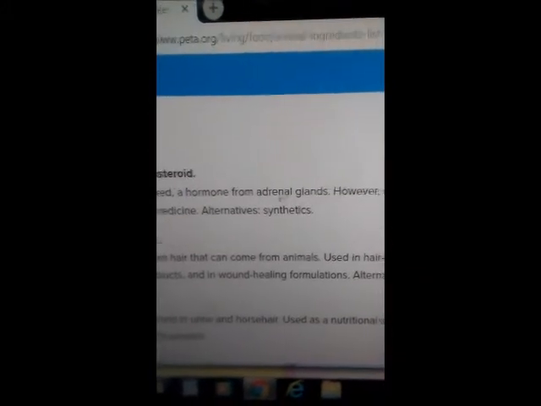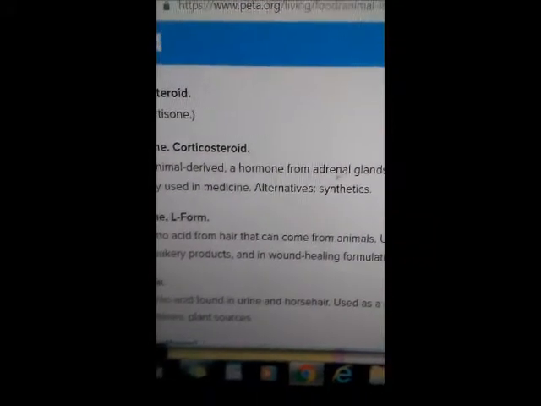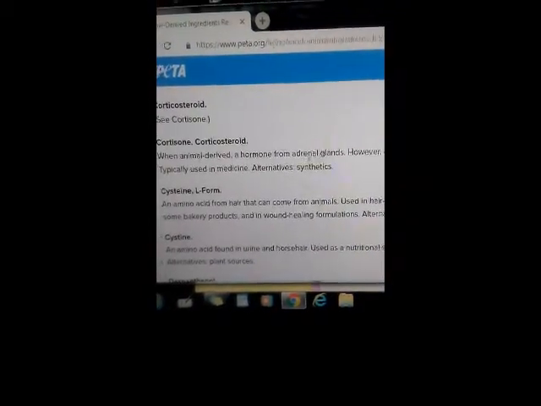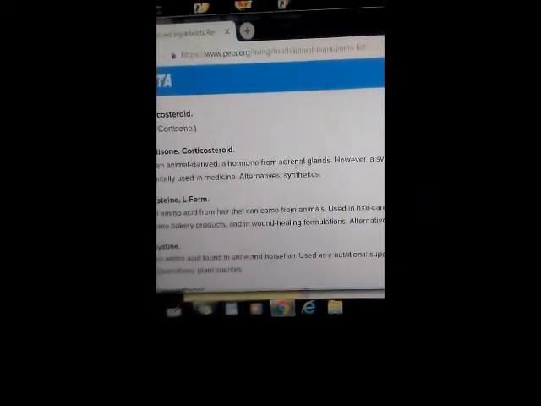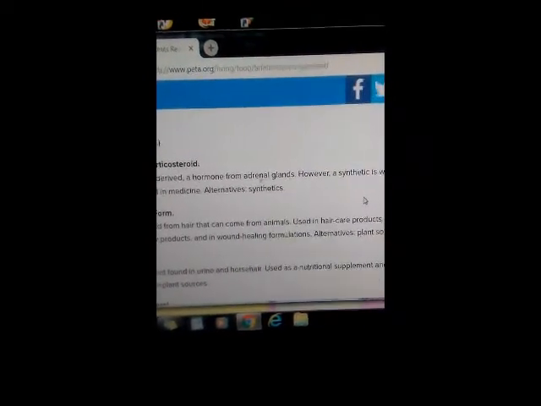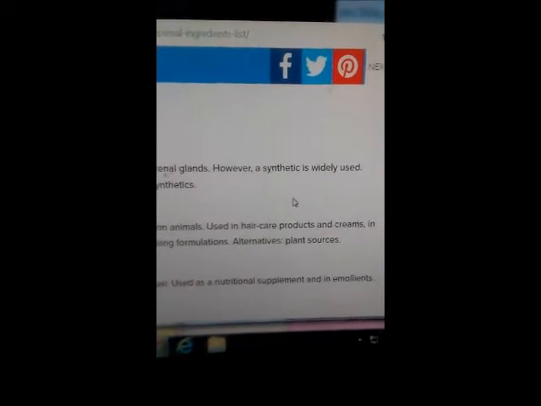You got cysteine, L form, an amino acid from hair that can come from animals. It comes from animals and humans also, used in hair care products and creams, in some bakery products, and in wound healing formulations.